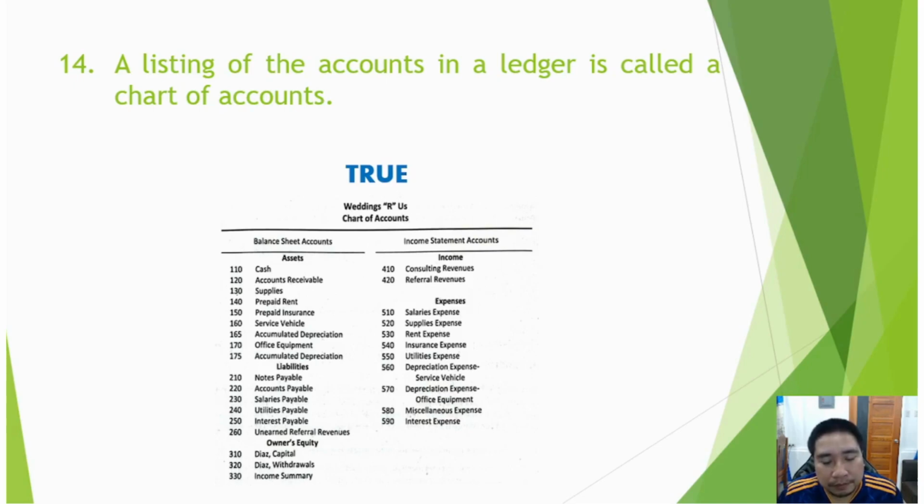There is no standard chart of accounts for all businesses. It differs because accounts sometimes depend on the nature of the operations of the business, if it's a service business, or a merchandising business, or a manufacturing business, etc.